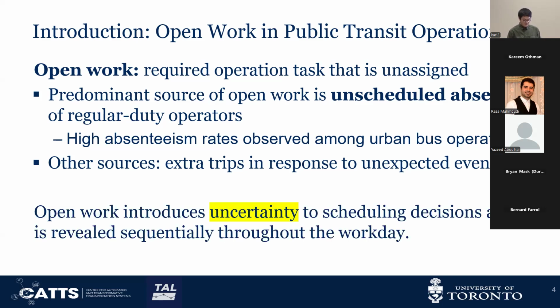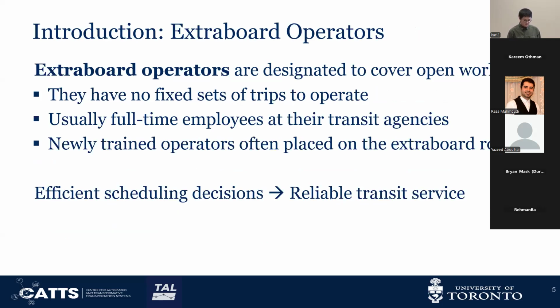For this problem, open work is stochastic in nature because you don't know when it's going to arise. Therefore, it introduces uncertainty to the scheduling process. To deal with open work, transit agencies have a roster of so-called extra board operators. These are also called spare board operators in Canada.